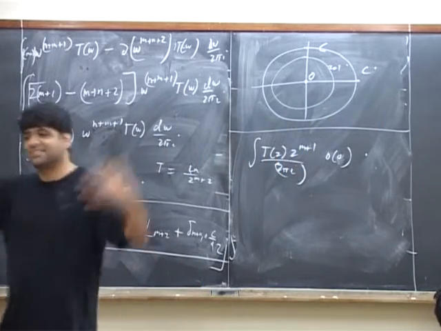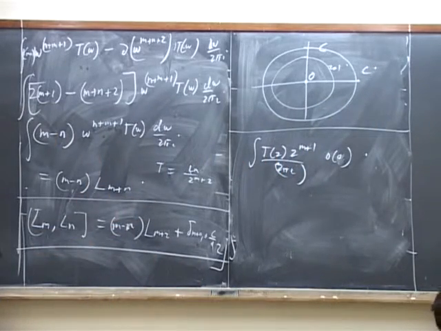I don't care what it is, it's just some contour that's around 0. We know the answer doesn't depend on which contour because everything's analytic except at 0. I've got no insertions apart from the operator at the origin. Is this clear? Okay? Very good.